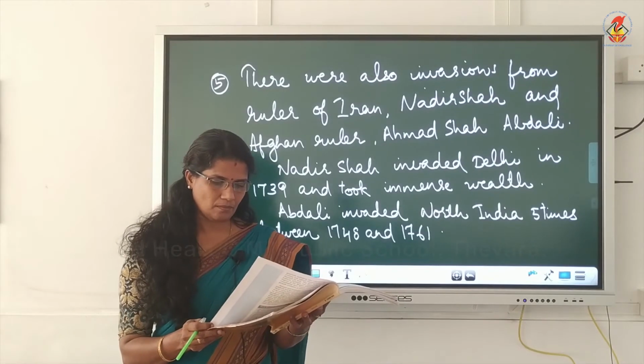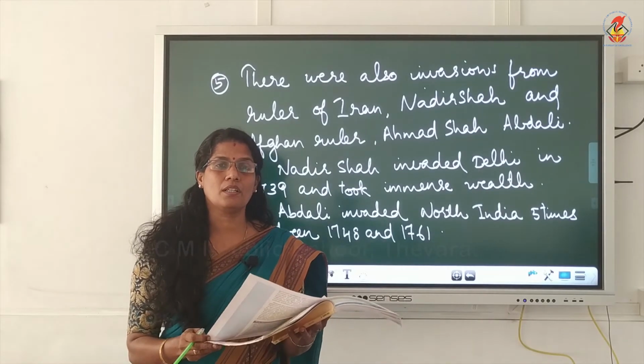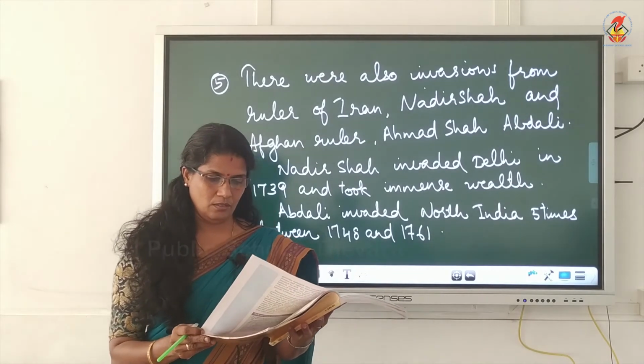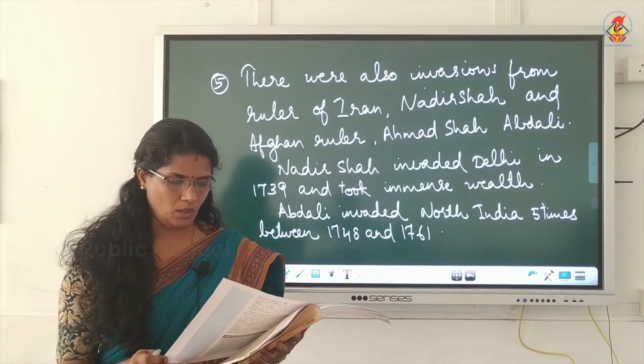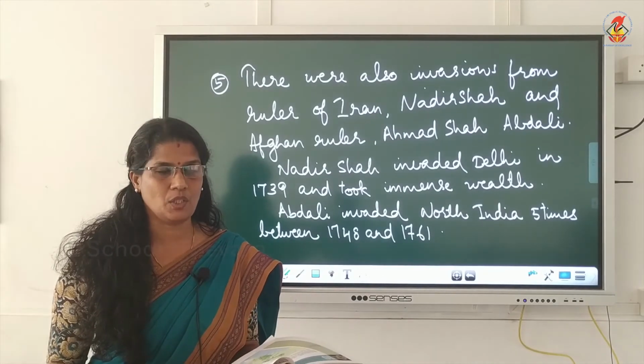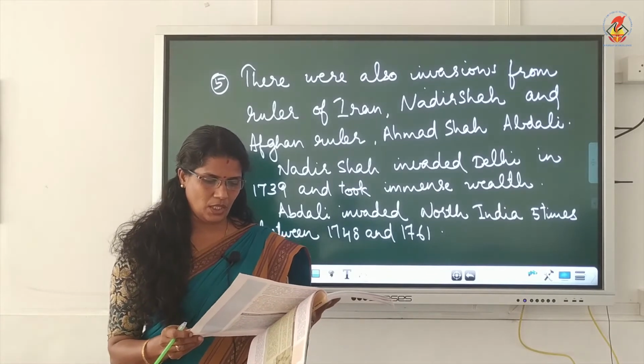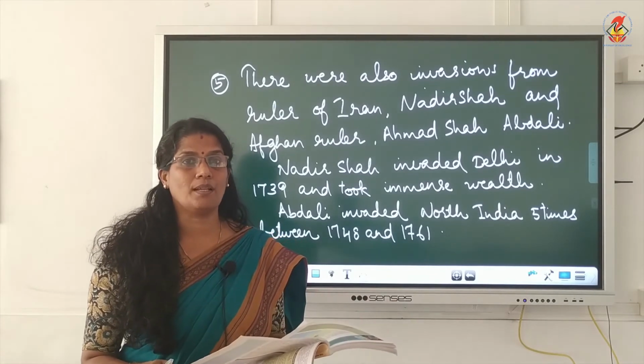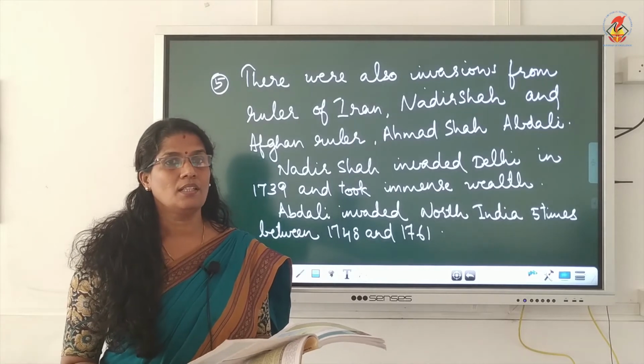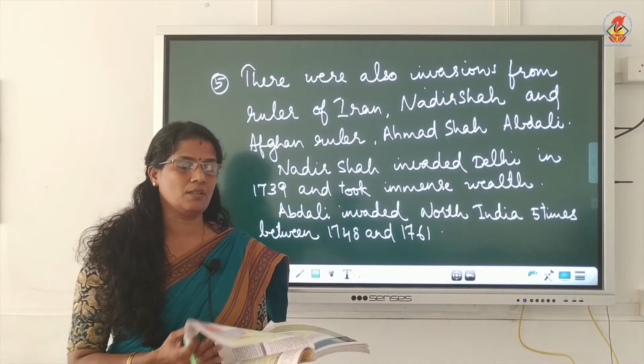Second one, the later Mughal emperors were not in a position to control the powerful mansabdars. It was difficult for the Mughal emperors to keep a check on the powerful mansabdars. Why?